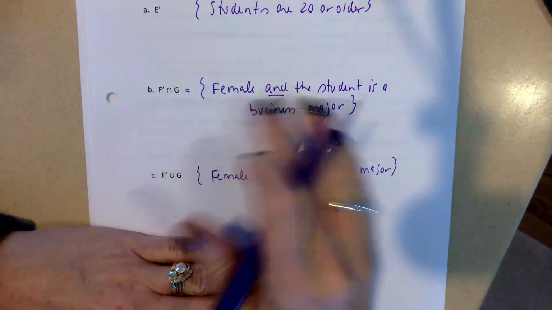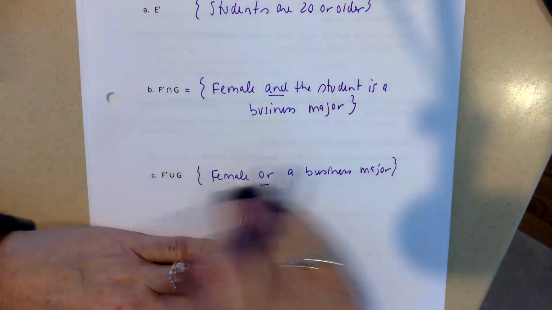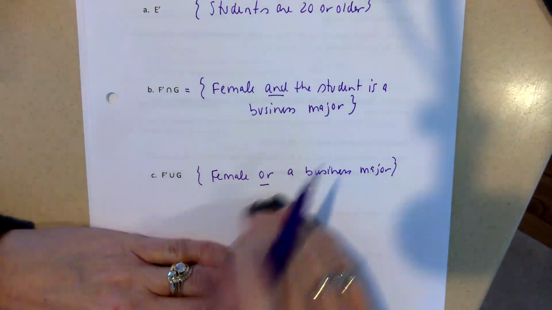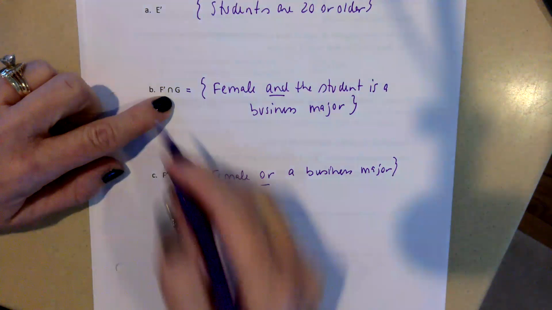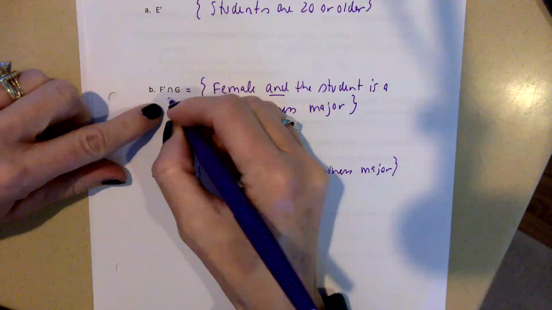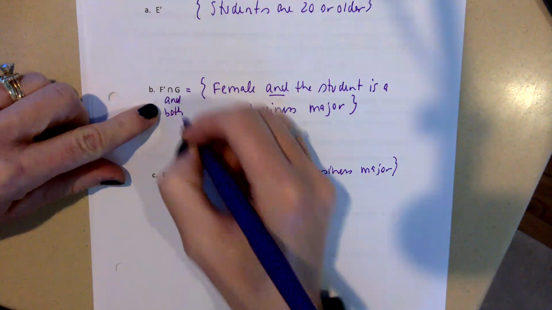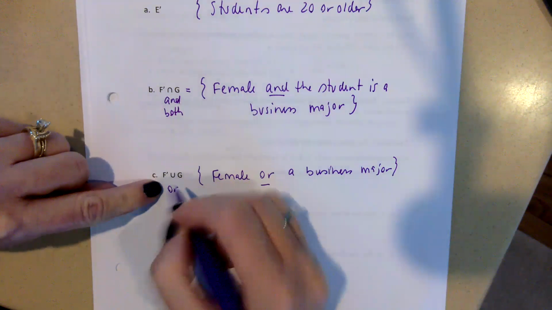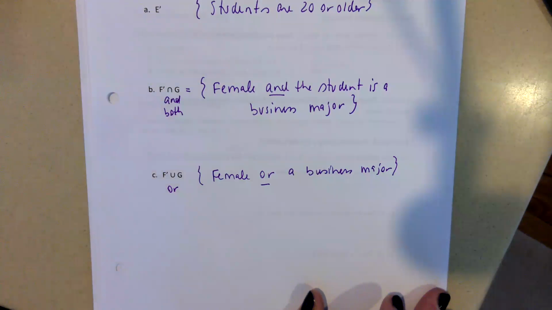So B is they have to be in both, and C is they could be in either or. That's the difference between the intersection, which is and, they have to be in both, and the union, which is or. That's important to keep in mind.